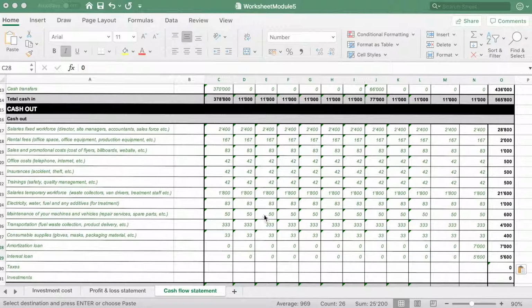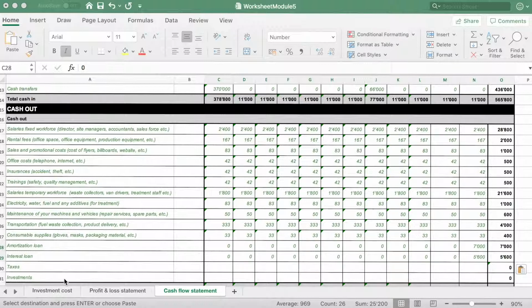Now we go to the investments. The total investments required to start the business are 436,000. However, since the operating capacity is only at 20% in the first year, the management of our composting plant has decided to only purchase one waste collection truck, one excavator, and one delivery truck for now.